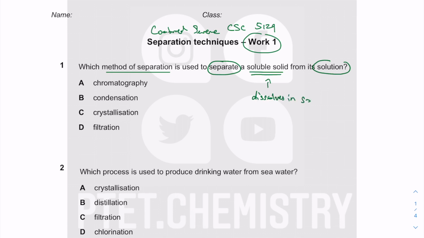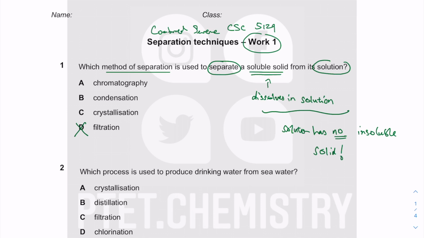So if this thing dissolves in the solution, your solution is clear. It does not have any solid. Okay, so the solution has no insoluble solid. If you do not have any insoluble solid, you can cross out filtration straight away, because filtration is to obtain insoluble solid from a solution that has an insoluble solid.